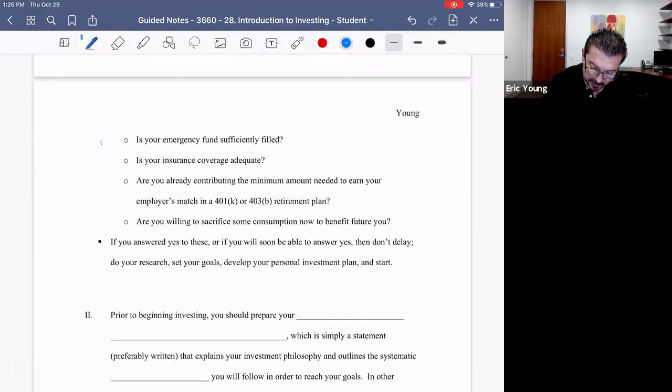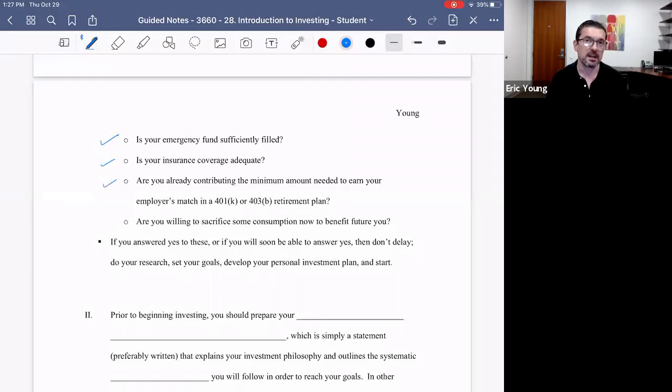Do you have your emergency fund, your oh shit fund, sufficiently filled? In other words, do you have the liquidity to get you through some sort of personal or financial or professional emergency? Is your insurance coverage adequate? Do you have all your assets covered, having thought through a comprehensive insurance plan?